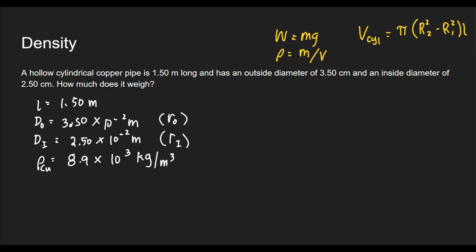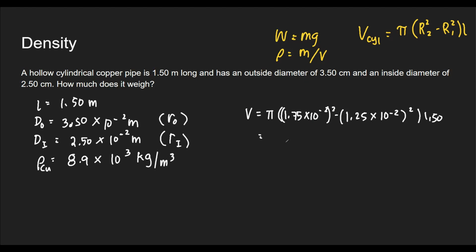Now, substituting, that will just give us V is equal to pi, and R here, it should be the outside first, so that is 1.75 times 10 negative 2 squared, minus 1.25 times 10 negative 2 squared, times our L, which is 1.50 meters.